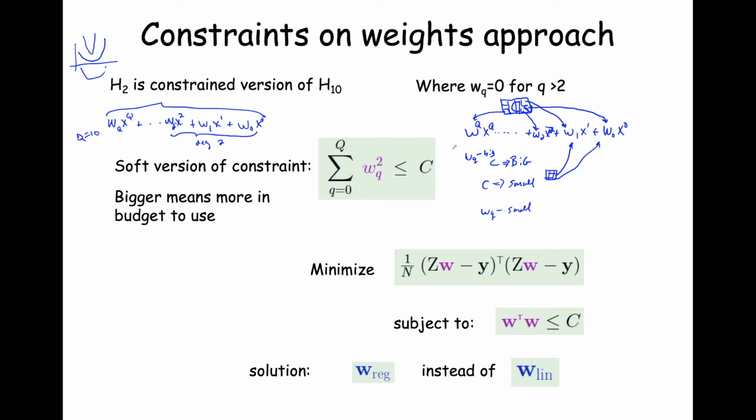And the interesting part about this is that, rather than cutting off particular terms, you can have a little bit of the descriptiveness of a degree Q, a degree 2, a degree 1, a degree 10 polynomial, but you're sort of lessening the amount of weight that you're giving out.